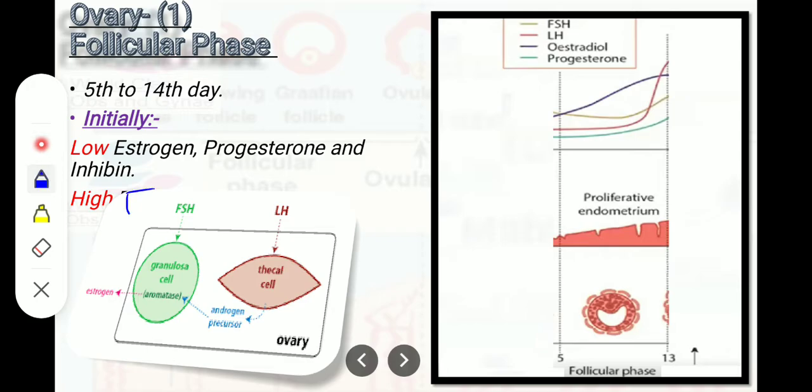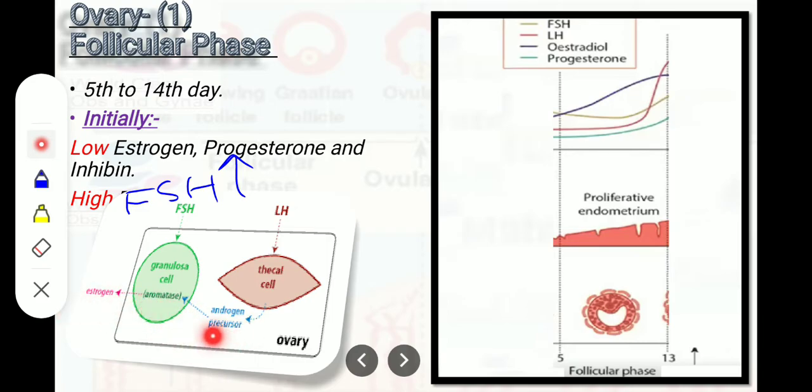Now, one other thing that is very important to understand is on what cells FSH and LH work. FSH acts on granulosa cells, and LH acts on the theca cells. When FSH acts on the granulosa cells of the ovary, as a result of aromatase activity, it results in the formation of estrogen. And at the theca level, when LH acts, the androgen precursors, as a result of aromatase activity, give rise to estrogen.